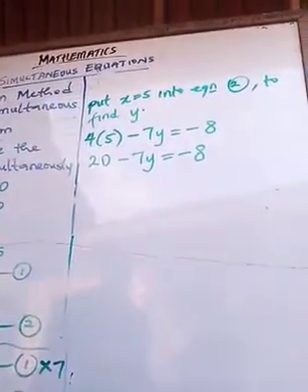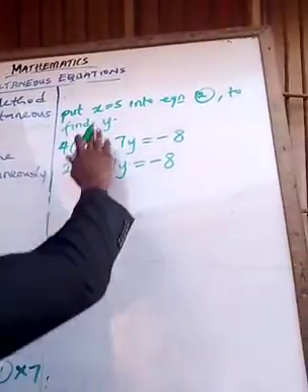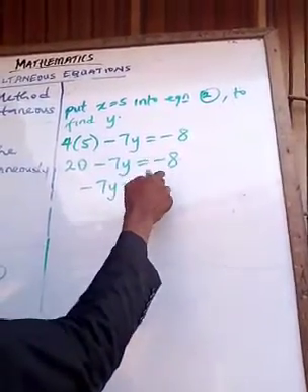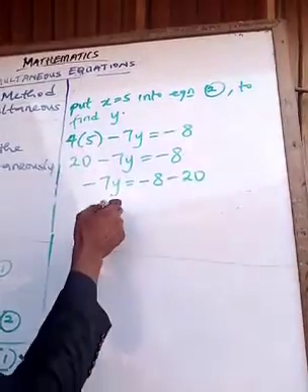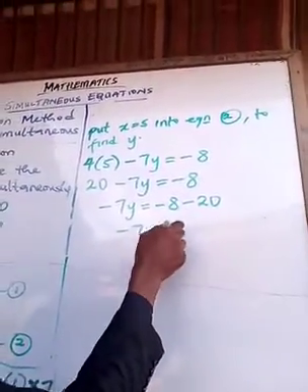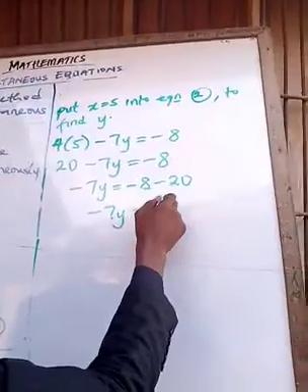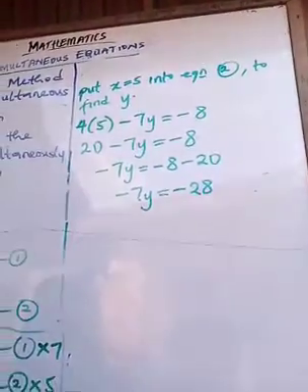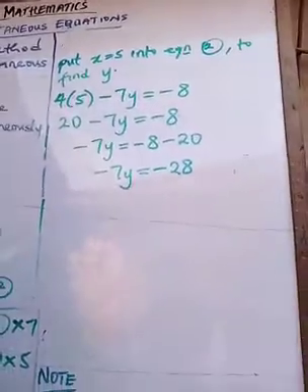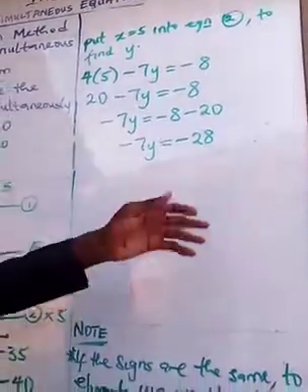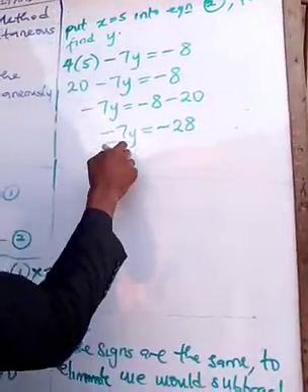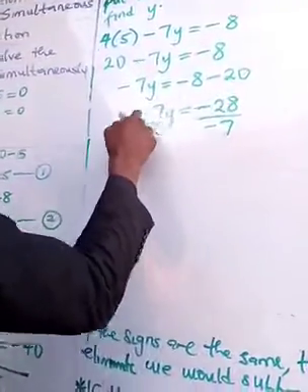Since we are looking for y, we can take this 20 to the other side. It becomes minus. So we have minus 7y equals minus 8 minus 20. Minus 8 minus 20, that's minus 28. Minus 8, you are owing 8. Minus 20, you are owing 20. So altogether, you are owing 28. To find y, divide both sides by minus 7.